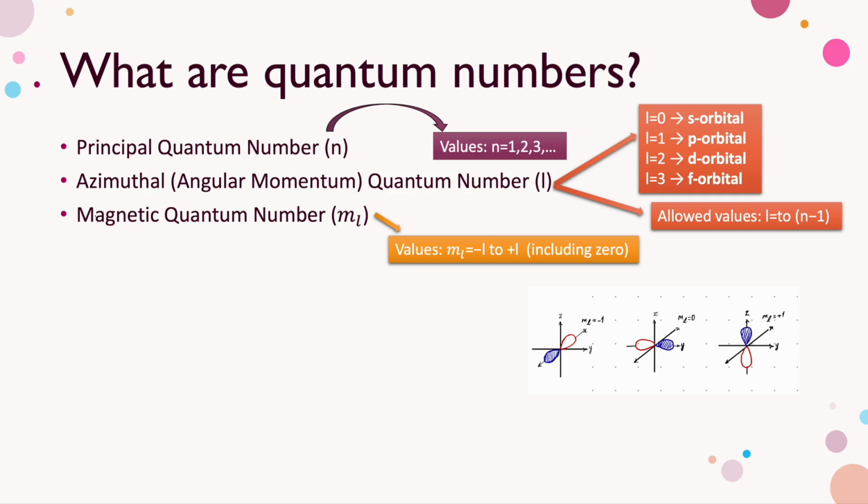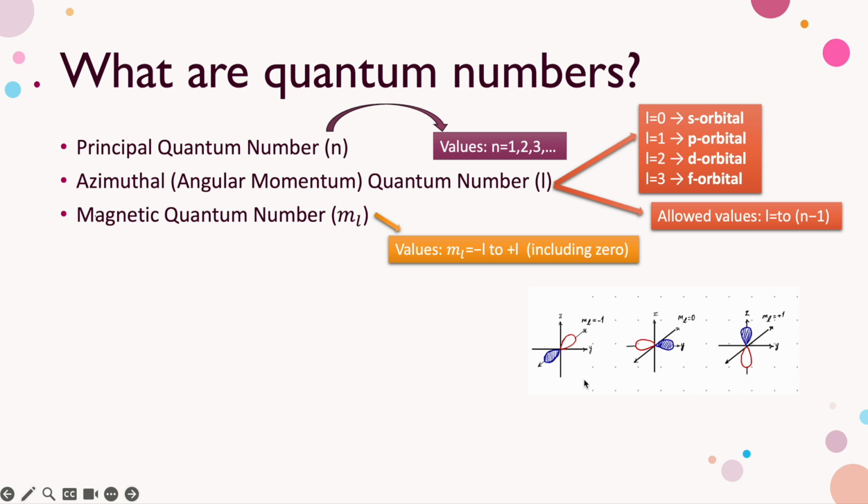Nothing will change if you rotate it or anything. Or another example, for the p orbital, the magnetic quantum number will be -1, 0, and +1. Okay? And well, it means that it has 3 orientations, as you can see in the picture.